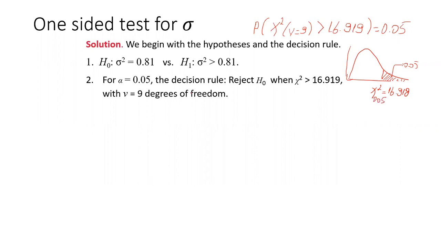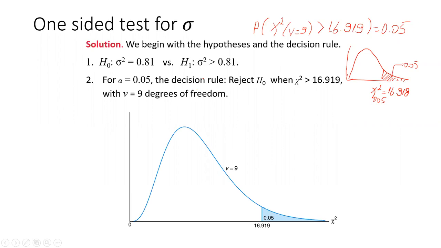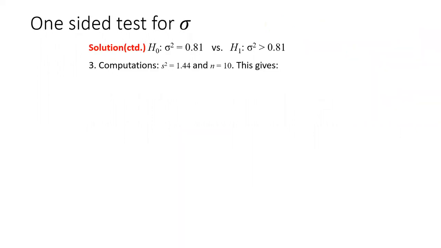Now let's calculate the chi-square observed. This is n minus 1, times s square, which is 1.44, divided by sigma square. Chi-square observed is 16.